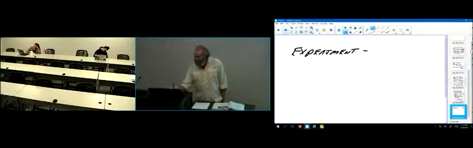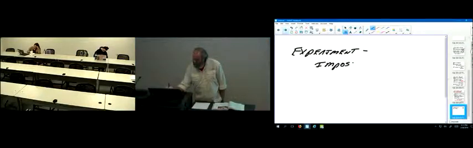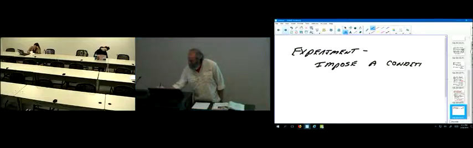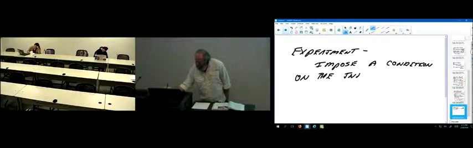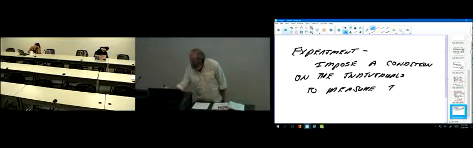What we're going to do here is impose a condition on the individual to measure the change.